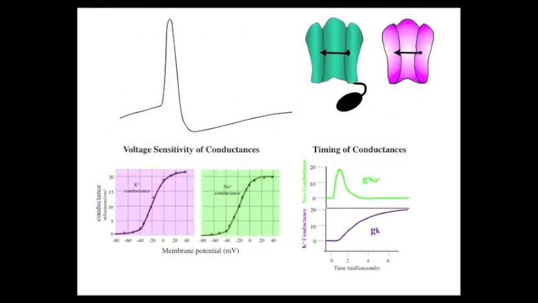So now, let's spin all of this together. The voltage sensitivity of the sodium and potassium conductances shows the membrane potentials at which the sodium and potassium conductances are activated, and the degree to which they are activated at each membrane potential. These features explain why an action potential has a firing threshold, and why sodium channels open progressively more as the membrane depolarizes, and thereby accounts for the upstroke of the action potential.